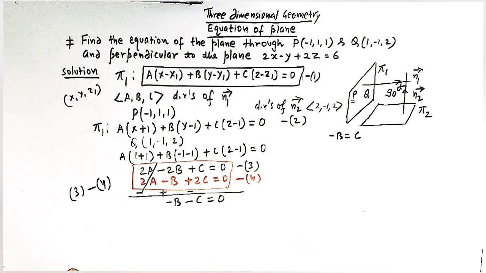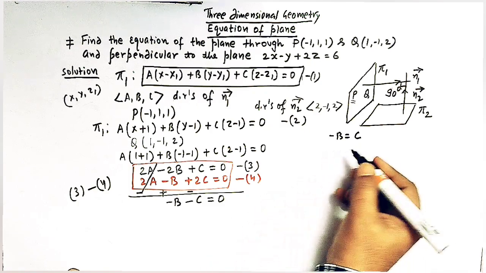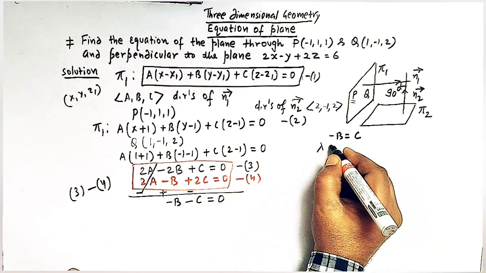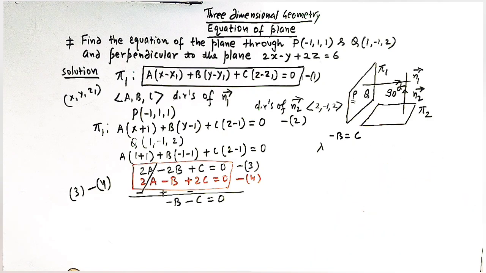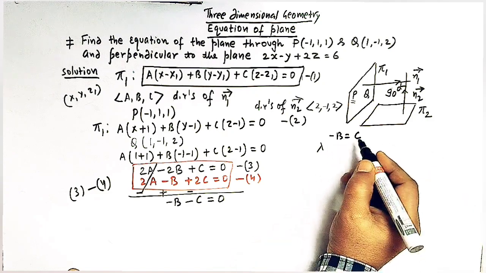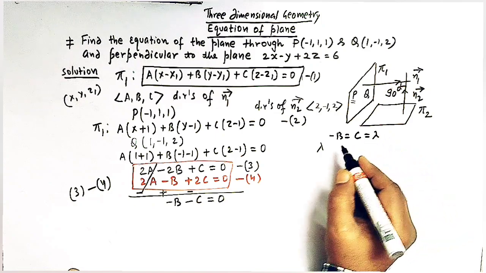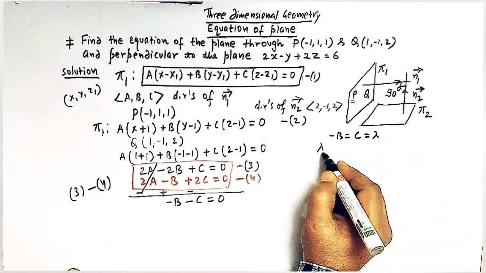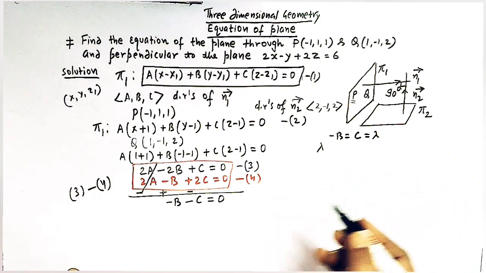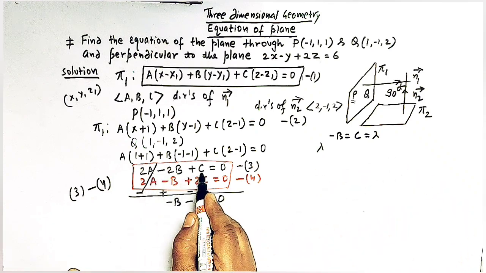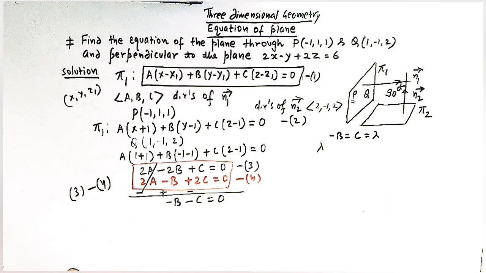So now here let us introduce a scalar, say lambda, which is a real number, right? So we can take minus b is equal to c is equal to lambda. So the purpose of introducing this scalar lambda is to express a, b and c in terms of lambda.